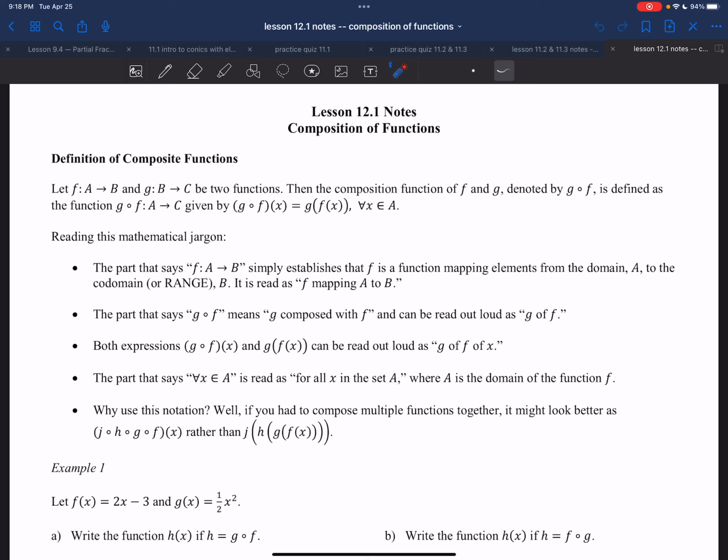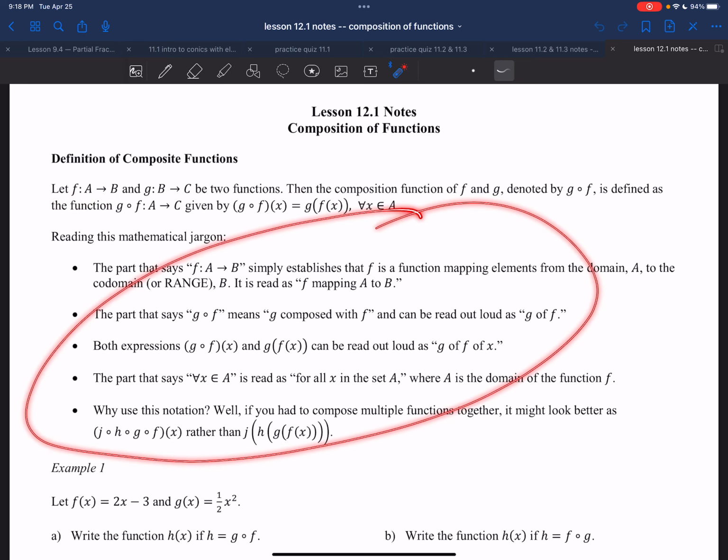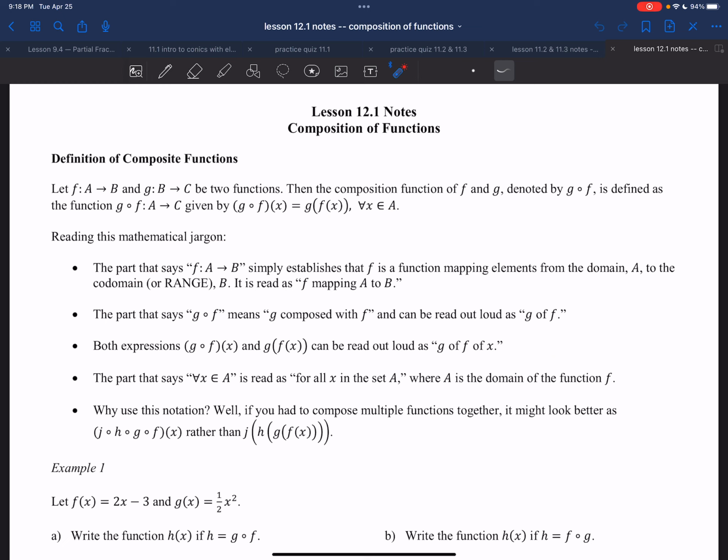So anyway, I'm going to say let f colon A arrow B. What does that mean? Well, I'm just going to read this out loud. It says, let f mapping A to B and g mapping B to C be two functions.